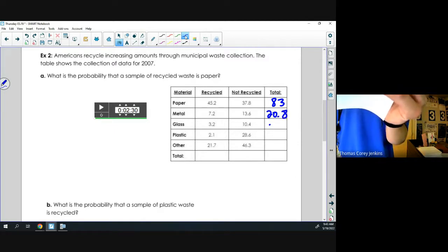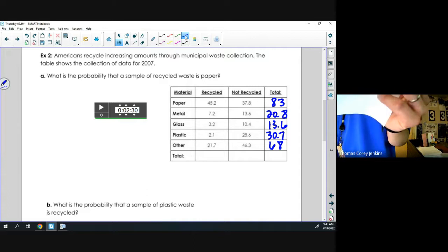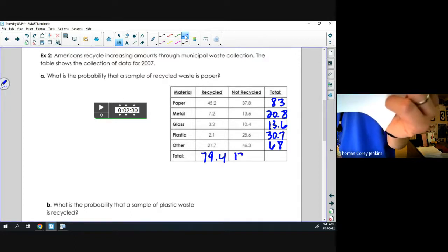Our glass total is 13.6. Plastic is 30.7. Other is 68. And then our recycled total is 79.4. And our not recycled total is 136.7.